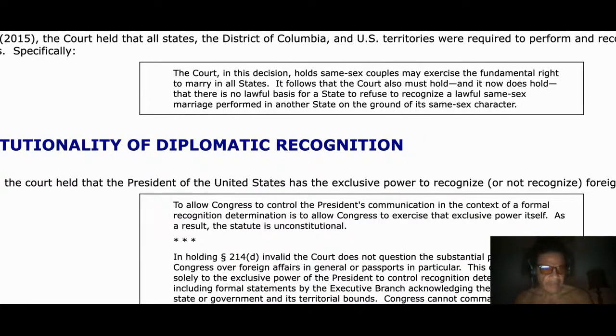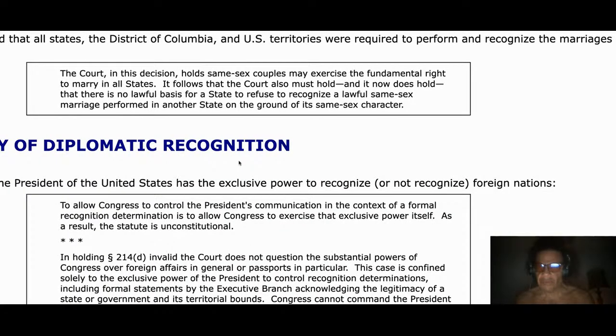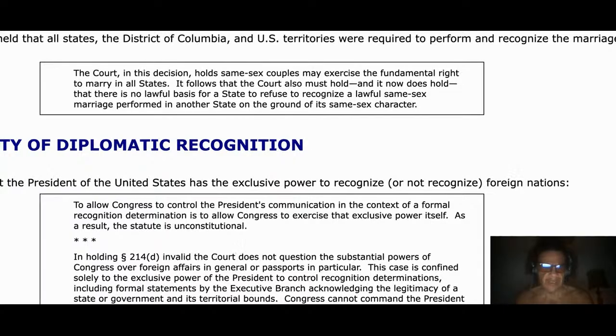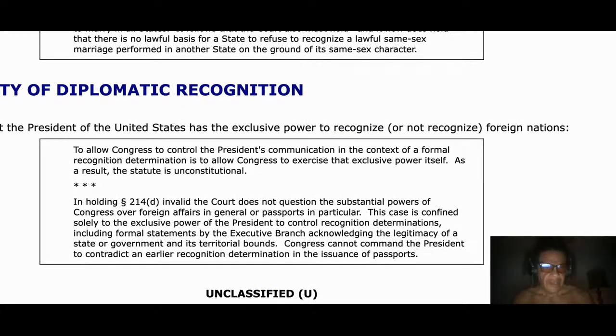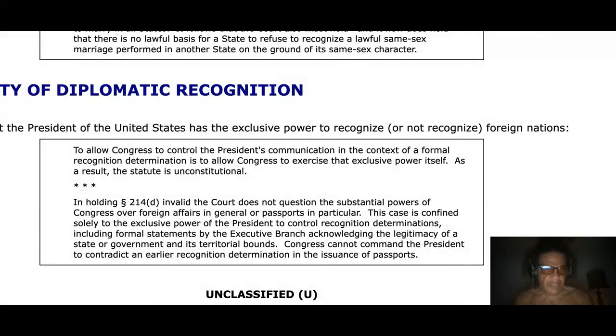We are learning together. The court held that the President of the United States has the exclusive power to recognize or not recognize foreign nations. To allow Congress to control the President's communication in the context of a foreign mission determination is to allow Congress to exercise that exclusive power itself. As a result, the statute is unconstitutional. In holding that Section 214D invalid, Section 214 is invalid.